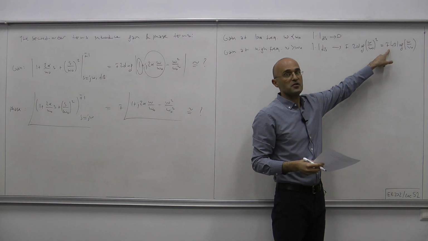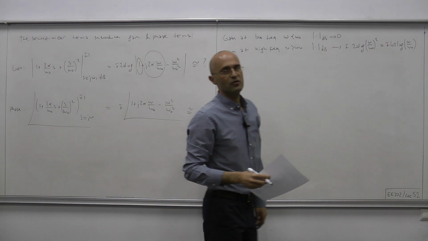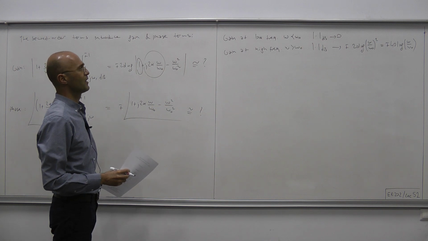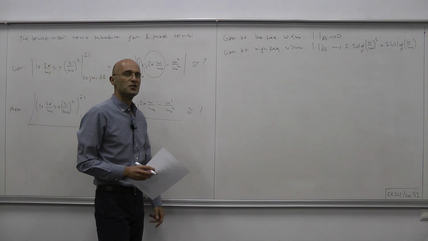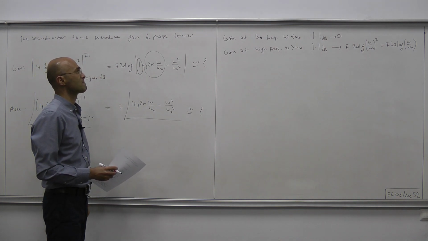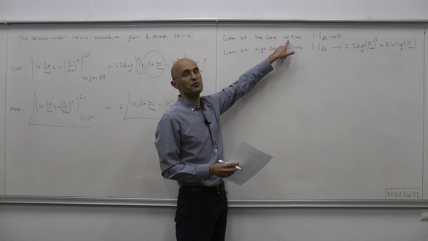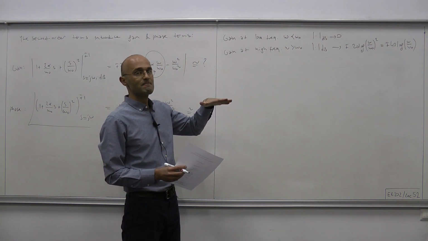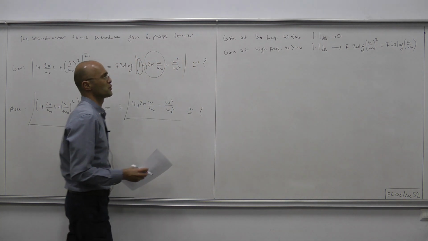It's plus if it appears in the numerator, and minus if the term appears in the denominator. So basically our asymptotic approximation is such that for low frequencies, frequencies less than omega 0, we have the 0 dB line, just like the first order case.